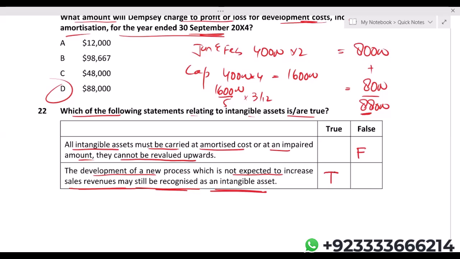So it is not necessary that all the time we'll be selling the asset. There's a possibility that by utilizing the asset, we are saving the cost. So that is also an economic benefit. It is not necessary that revenue will always increase. We may generate an intangible asset and by using that internally generated intangible asset, we will be saving the cost. So that is also an economic benefit for your company. That is why statement number 2 is true.